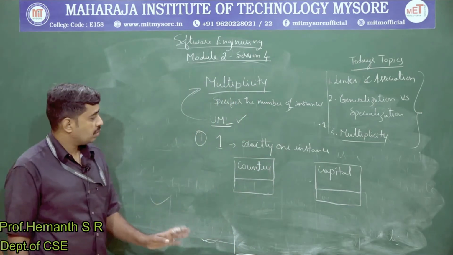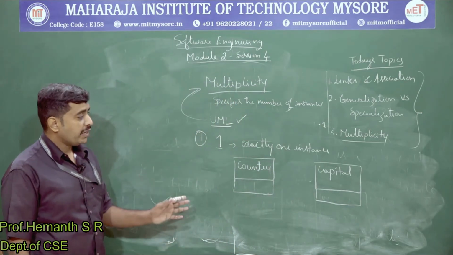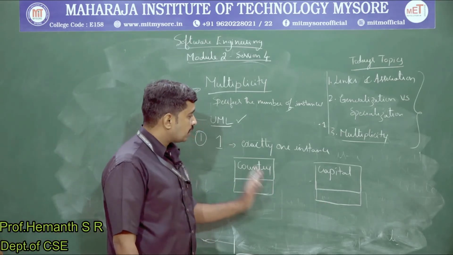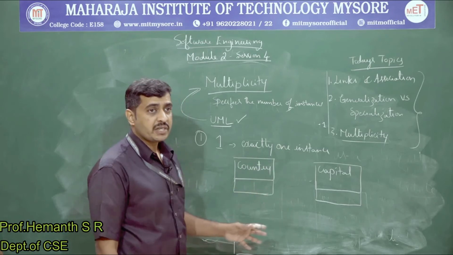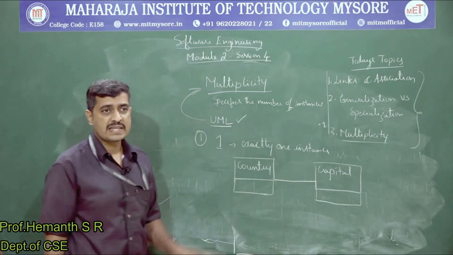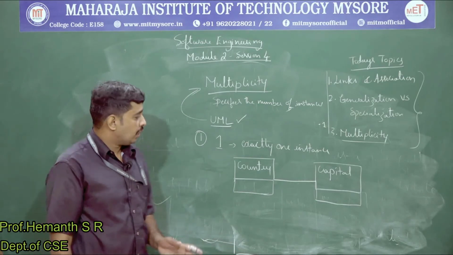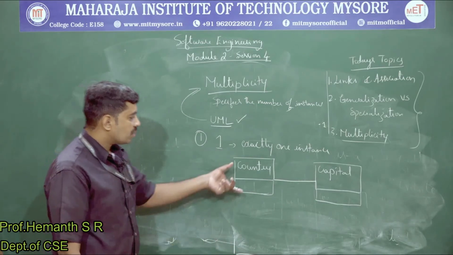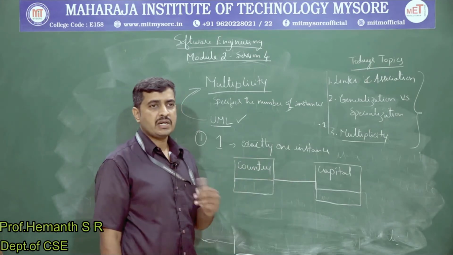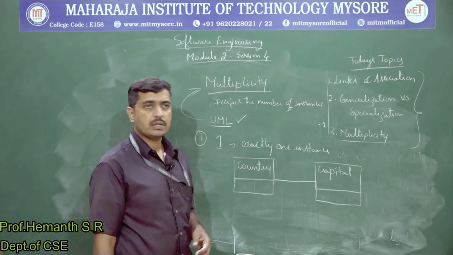The relationship between these two classes is represented using an association, that is, by drawing a line between these two classes as explained previously. Now, how many instances of the country class are related to the capital class? That I need to represent here.